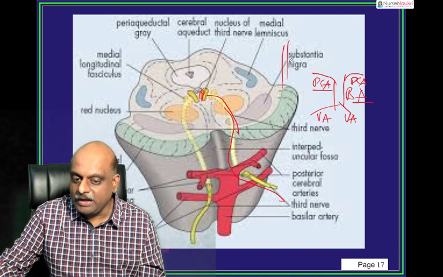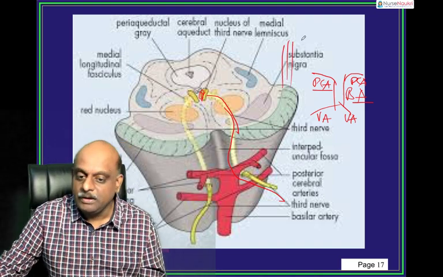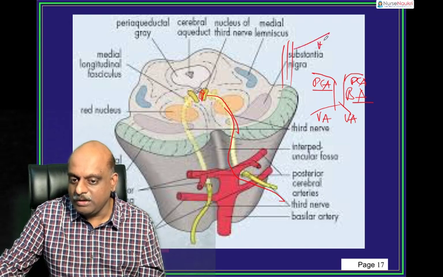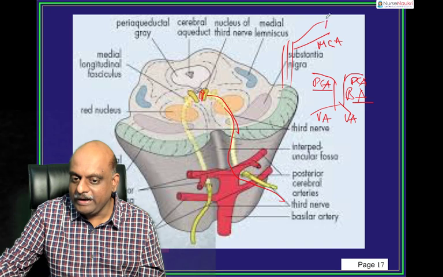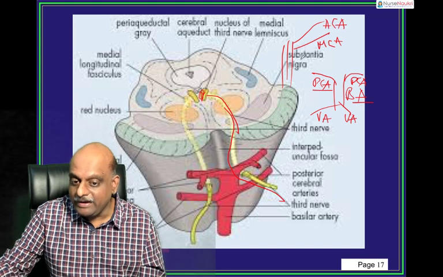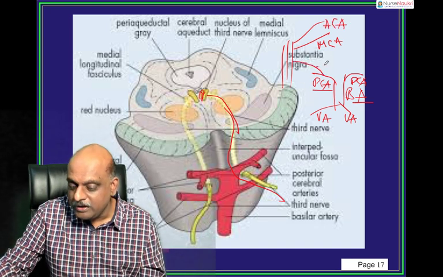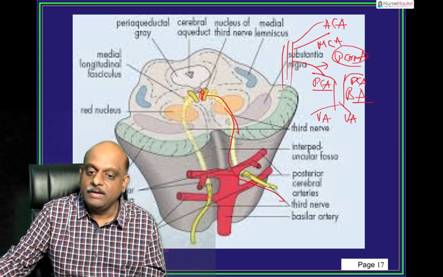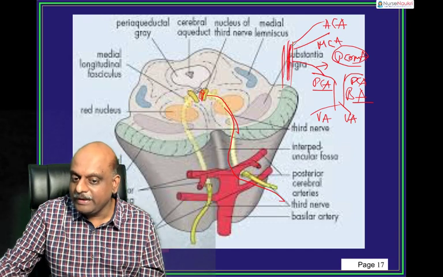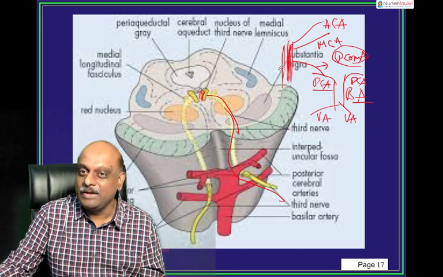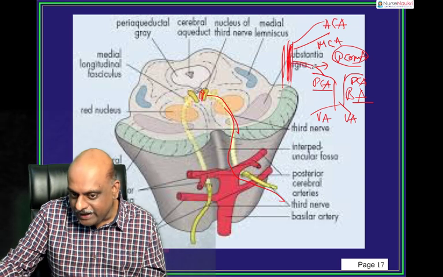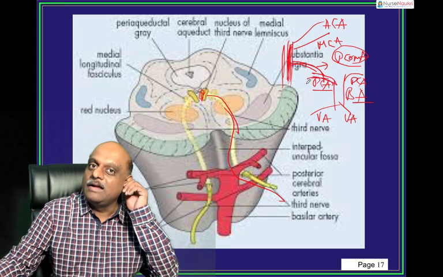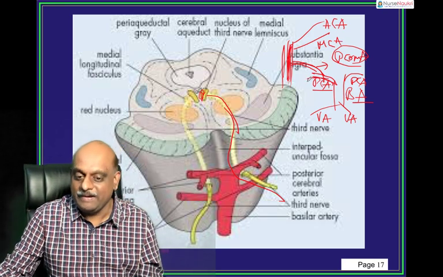The basilar artery divides into the posterior cerebral artery. Meanwhile, the internal carotid artery gives rise to the middle cerebral artery, the anterior cerebral artery, and it gives one branch called PCOM, the posterior communicating artery, which is a branch of the internal carotid artery. So the posterior communicating artery coming from the internal carotid joins the posterior cerebral artery.